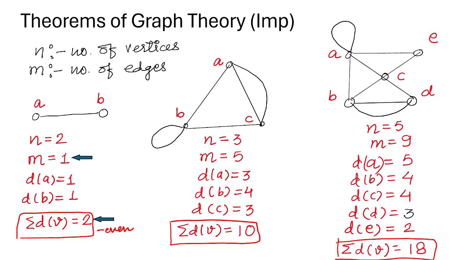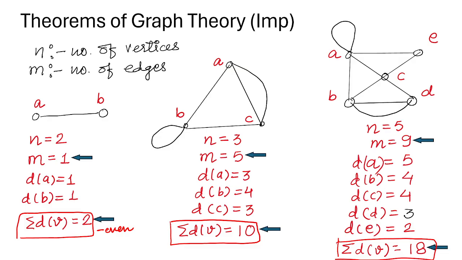If you multiply the size by 2, in the first case 1 times 2 is 2, which equals the total degree. The same holds here, where the total degree is twice the number of edges, and here also, 18 is 2 times 9.